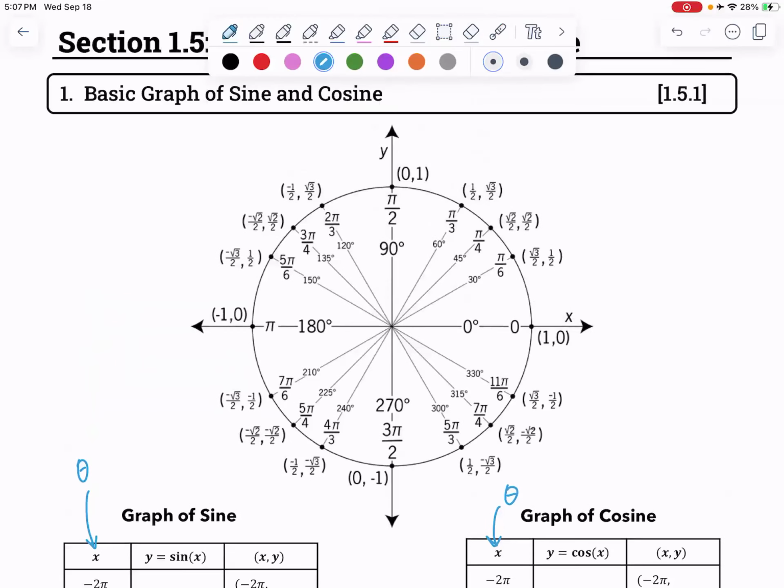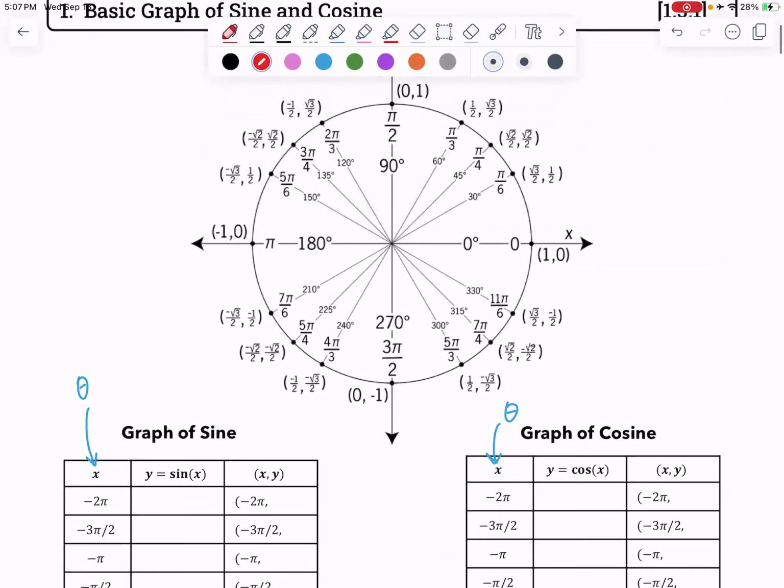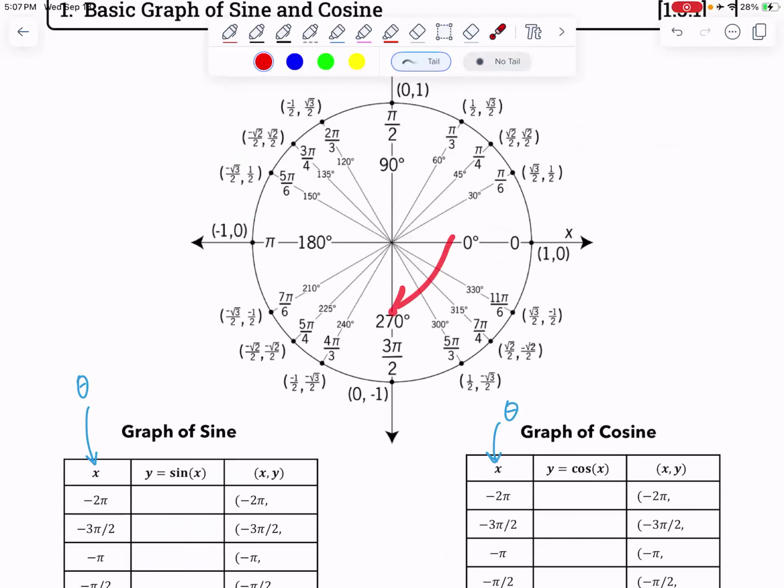So we're going to go here. I'm going to go backwards on the unit circle. So we have backwards all the way to negative 2 pi. If we started here, this would be negative pi over 2. And then this guy would be negative pi. He's pi, but he's also negative pi.